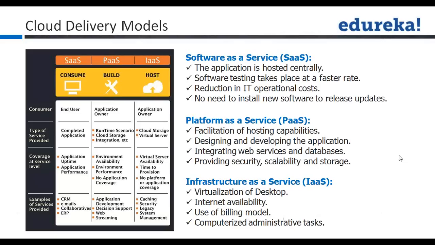So in PaaS, it's who want to build the application, and in IaaS, who want to host the applications. Some of the examples we have already given: application development, decision support, web streaming for PaaS. For IaaS, it will be caching service, security service, legacy system management, virtual network, everything over there.